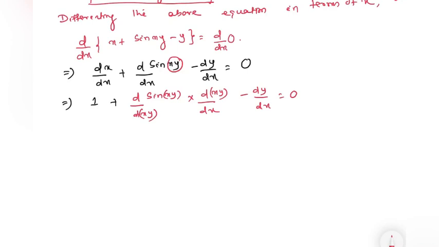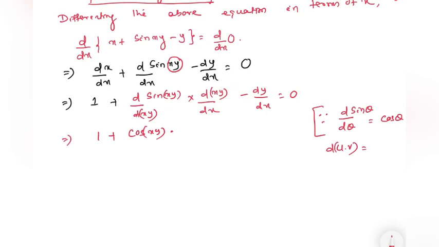Is that clear? Okay. So 1 plus, then the derivative of sin theta with respect to theta, you know, will be cos theta. So applying this concept here, you will have cos of xy into the derivative of x into y. Apply the product rule: the derivative of uv is u dv plus v du.